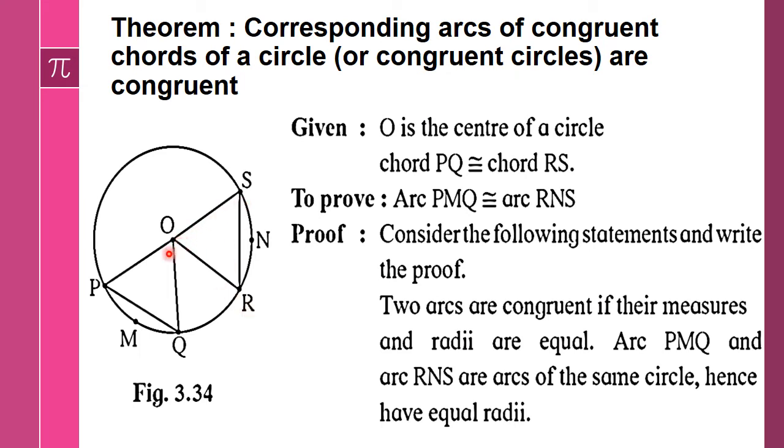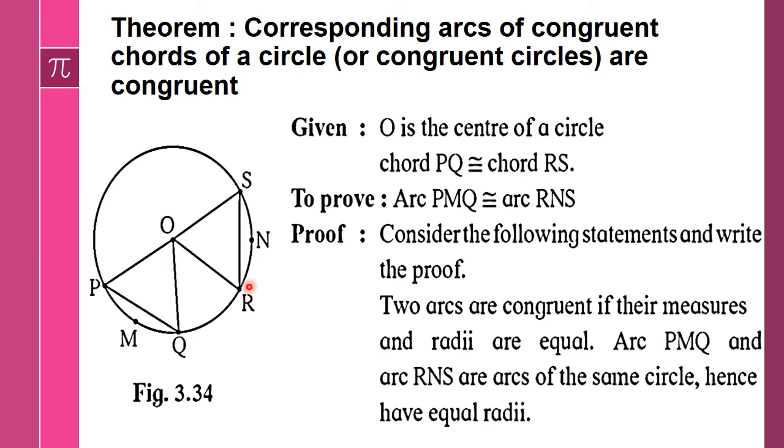So once they are congruent, that means arc PMQ is congruent to arc SNR, because we proved that their measure is equal and their radii are also equal. Okay. So by definition, arc PMQ is congruent to arc RNS.